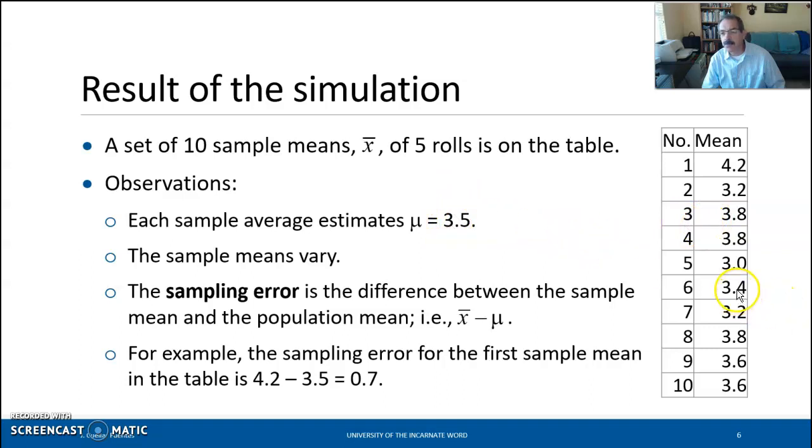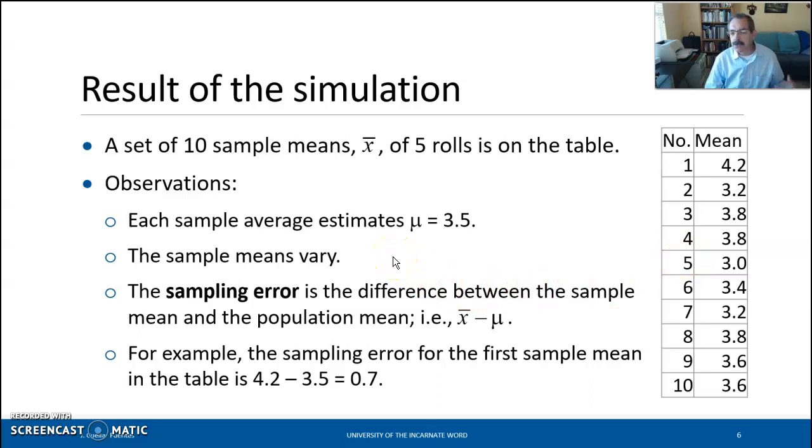We have this 3.4, or these two 3.6s. Also, we get one that is pretty far, 4.2. So you see that the sample average varies, but each sample average is trying to estimate the population mean of 3.5.